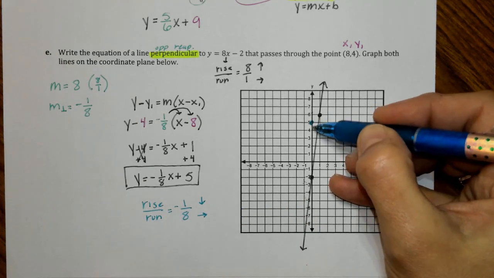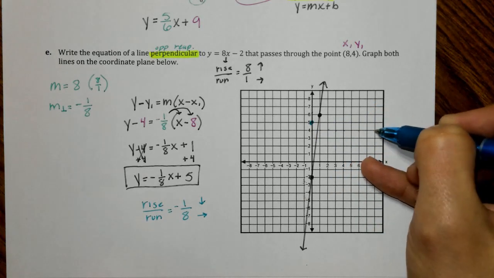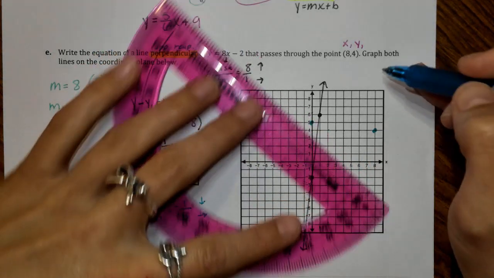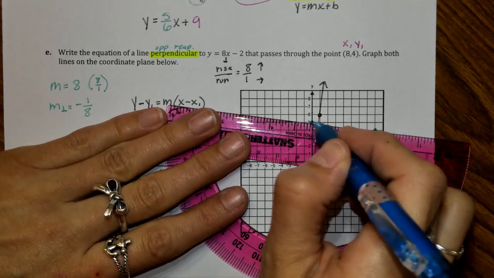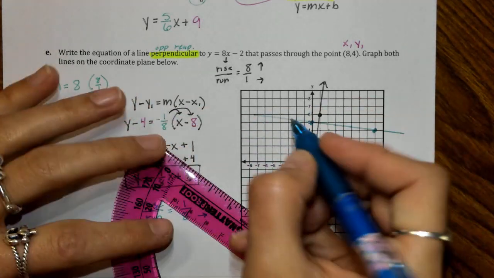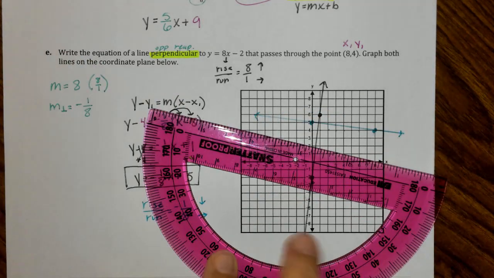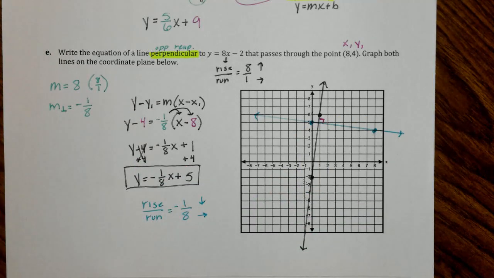So from here, go down 1 over 1, 2, 3, 4, 5, 6, 7, 8. Go ahead and draw in that line. We'll trace it. And then at that intersection, it will end up being perpendicular. Okay.